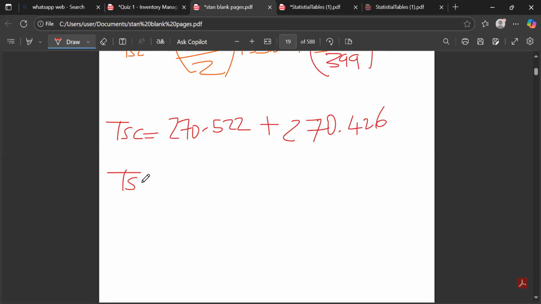So total stocking cost will give us 270.522 plus 270.426.